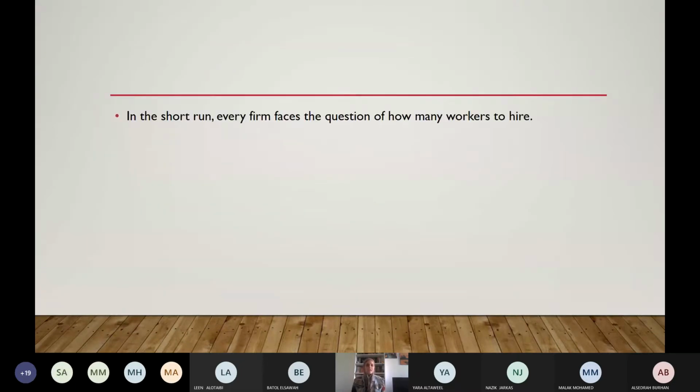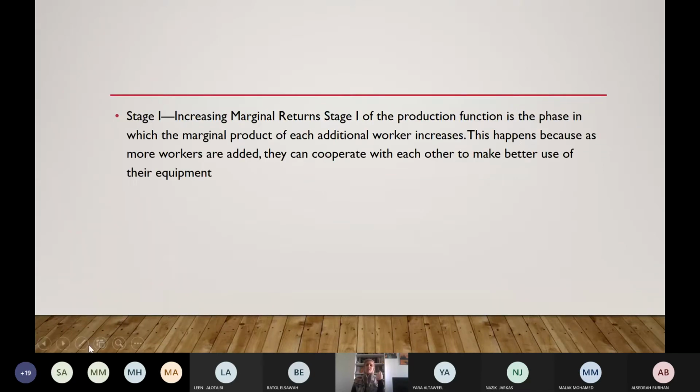In the short run, every firm faces a question of how many workers to hire. In stage 1, the marginal returns increase. So when I hire, I gain.